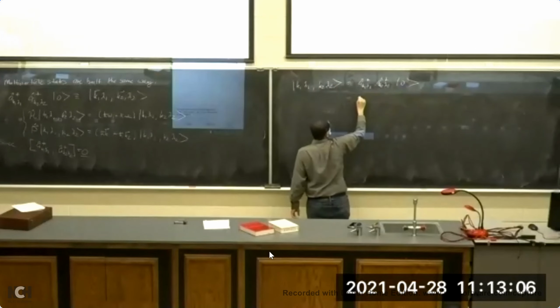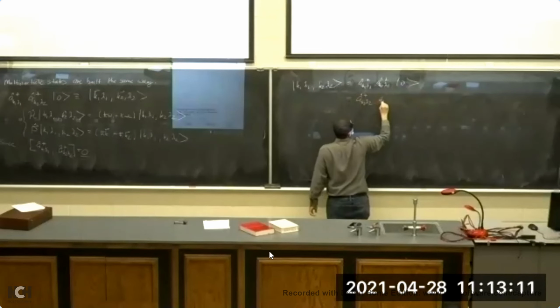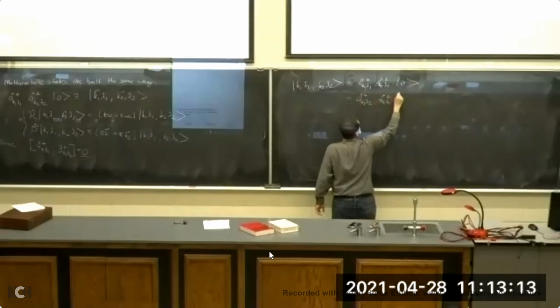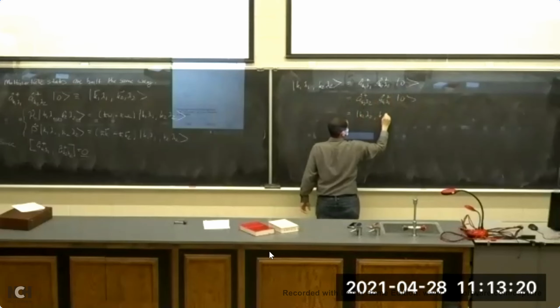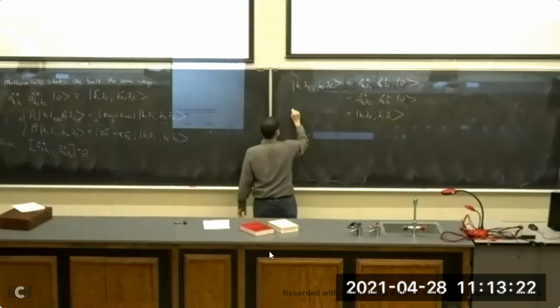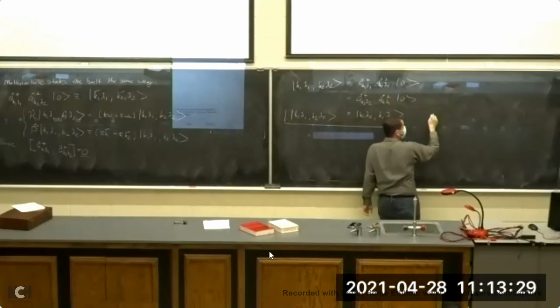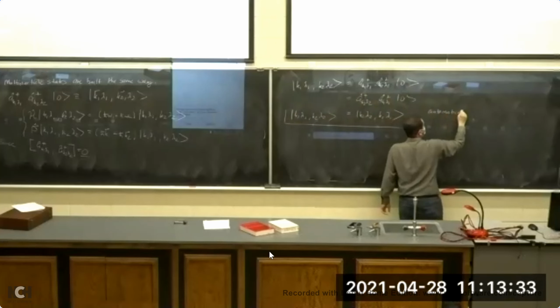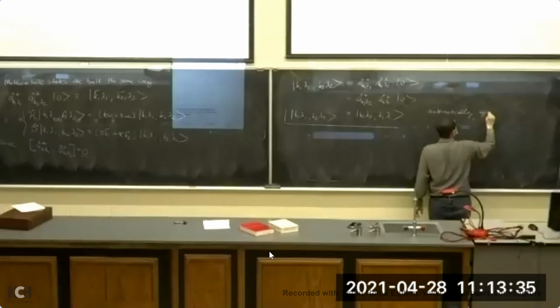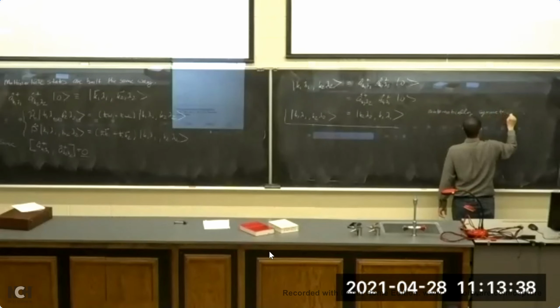These guys commute, so I can swap the order: A K2 lambda 2 dagger, A K1 lambda 1 dagger. This is the same state, but with the photons reversed, K2 lambda 2, K1 lambda 1. So because of this algebra, it is automatically symmetric under particle exchange.